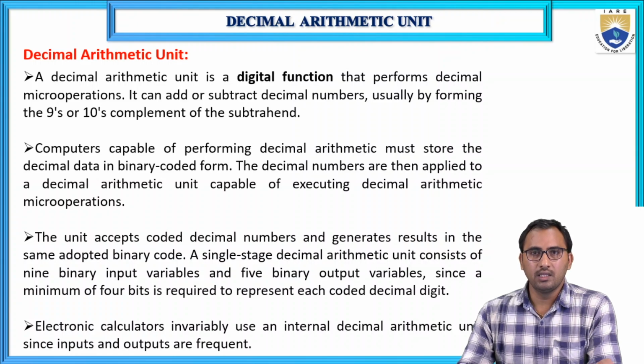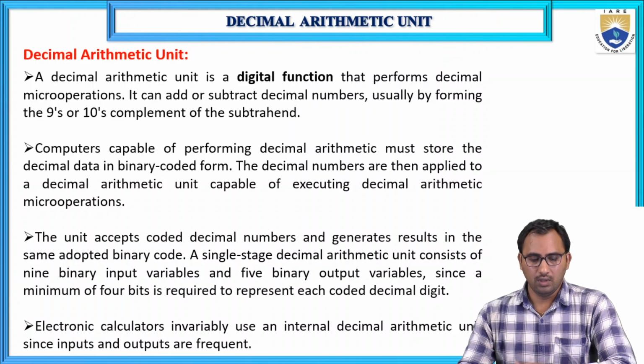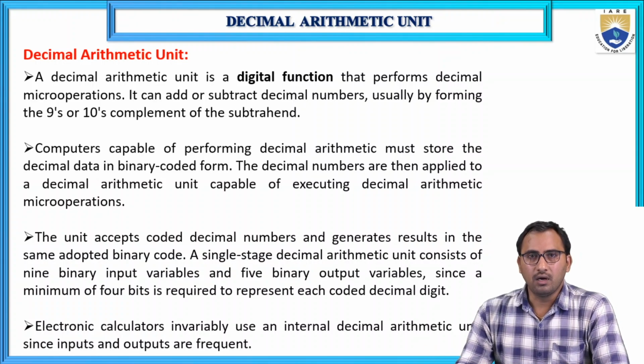So these are the three main important functional parts. The user of the computer prepares the data in decimal, and the computer processes the input decimal numbers and generates the results in decimal numbers.